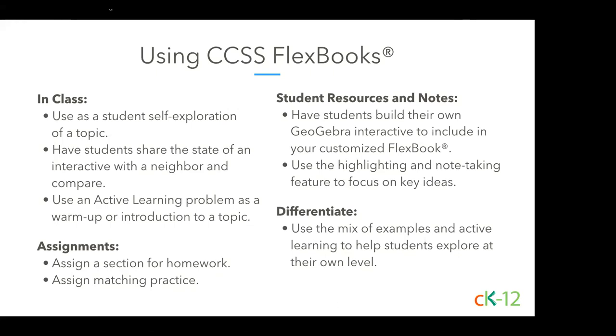Another set of strategies for using our Common Core FlexBooks is to have students work on their own. If you wanted to create a class book, you could have students build their own interactives using GeoGebra or something like that, and then include that in your customized FlexBook, or have them sketch a concept that might be similar, that would give them an idea and understanding of what they're working with.